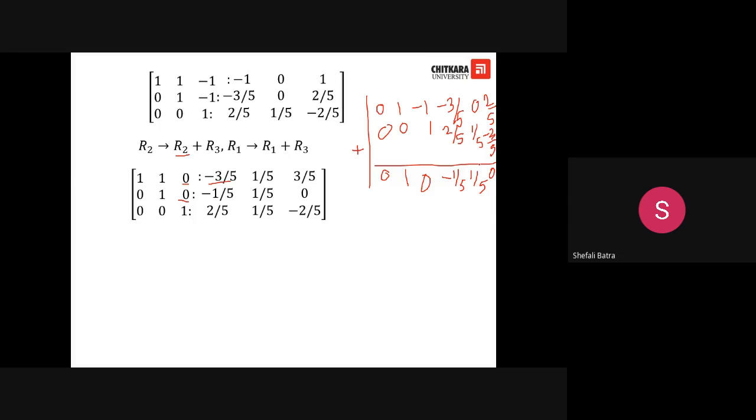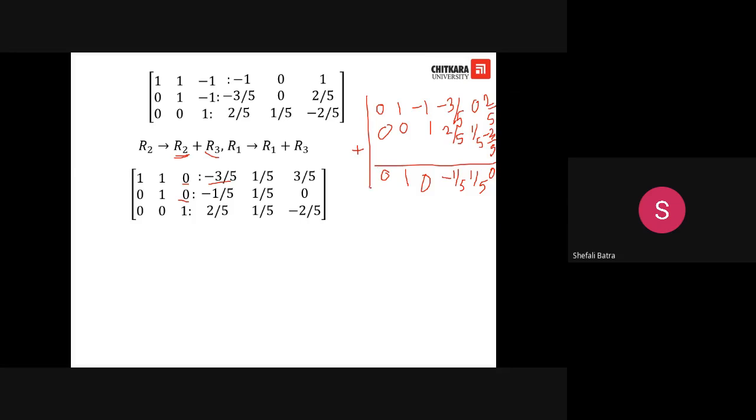Some students make mistakes while writing these entries. So those who are not comfortable writing the values directly can follow this rule: write R2, write R3, then add up.